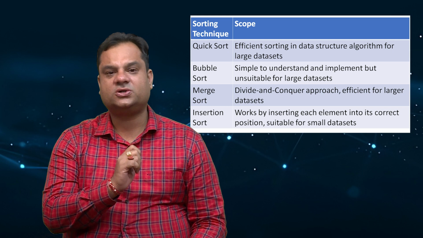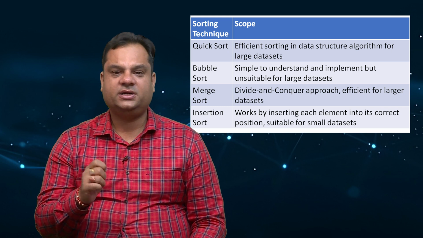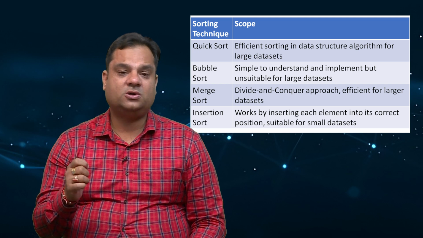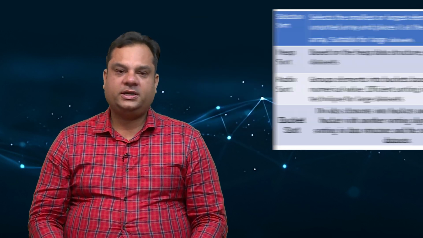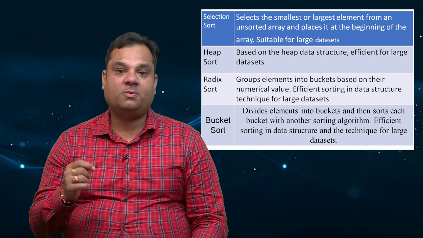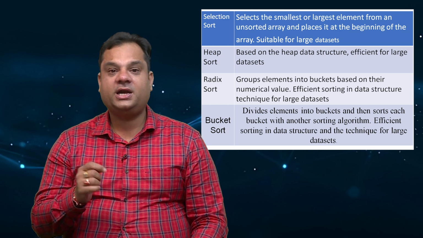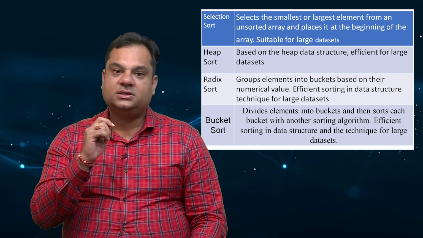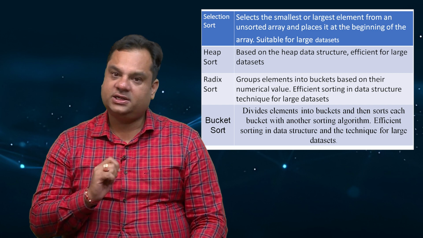Next one is insertion sort, works by inserting each element into its correct position, suitable for small data sets. Next is selection sort. Select the smallest or largest element from an unsorted array and place it at the beginning of the array, suitable for large data sets.